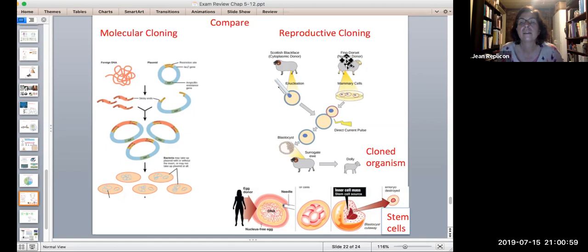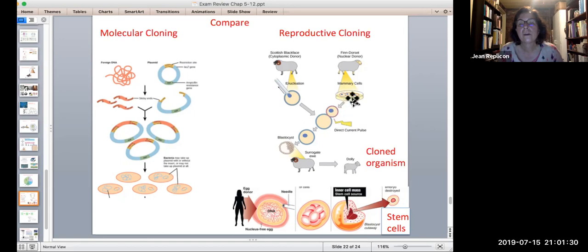In this case, of this Finn Dorset sheep, they took some body cells, happen to be mammary cells, and the nucleus of the mammary cell, as you can see, is here, and it's going to be joined with the enucleated egg. So this sheep is providing this egg cell, but its nucleus has been taken out, enucleated.